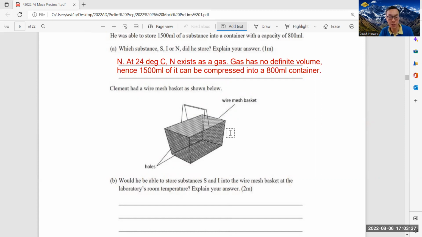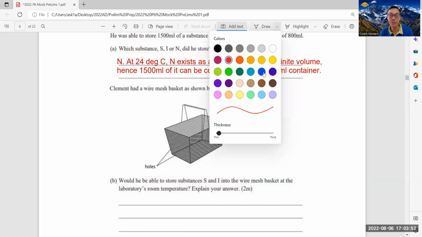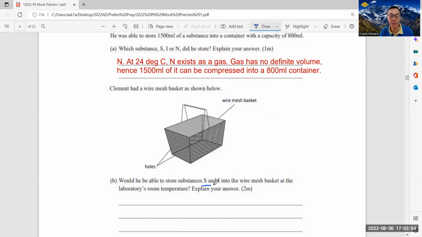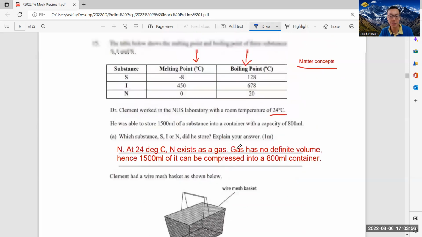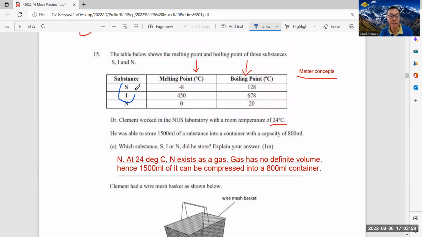So in order to store something with holes, that means this substance must exist as a solid. Because if it exists as a gas, it will float away. If it exists as a liquid, it will go through the holes. So now you look at the melting point between S and I.